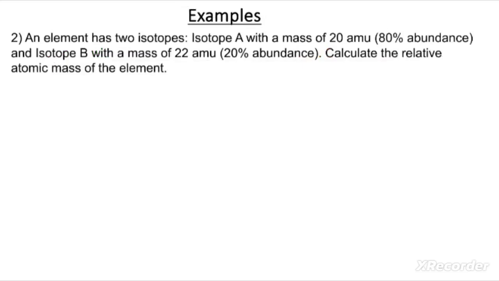We have an example here. An element has two isotopes. Isotope A with a mass of 20 and a percentage abundance of 80%, and isotope B with a mass of 22 and a percentage abundance of 20%.